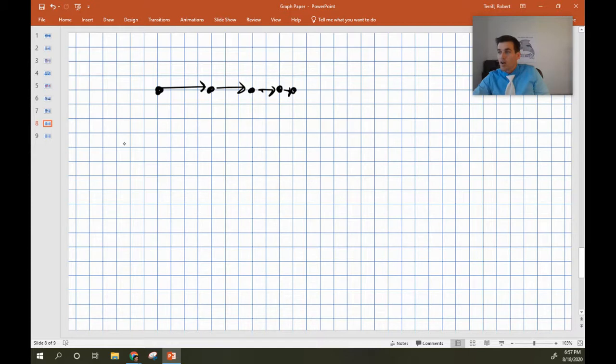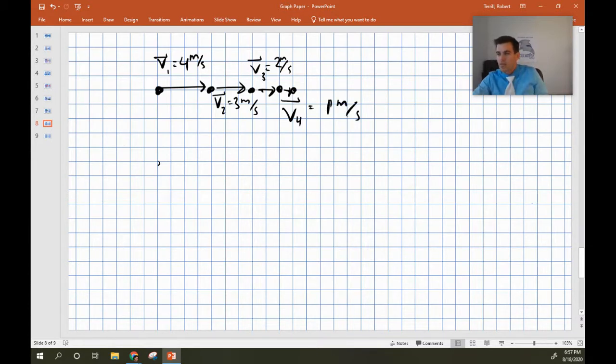We know that our velocity 1 vector is 4, let's call it meters per second. Our velocity 2 vector is 3 meters per second. Our velocity 3 vector is 2 meters per second. Hopefully you're seeing that it's 2 over that period of time. And our last velocity vector is only 1 meter per second.